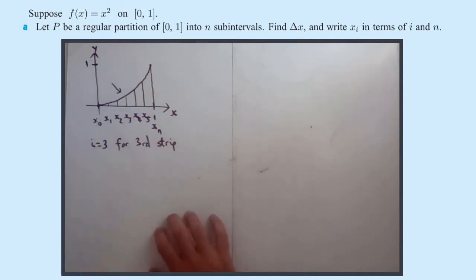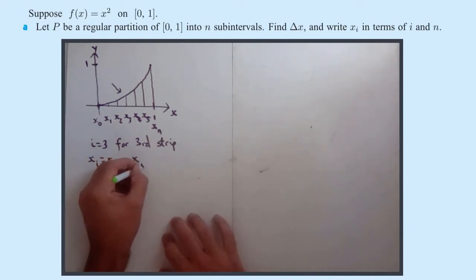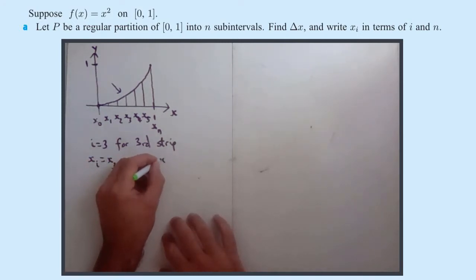When I say strip, really I'm talking about a rectangle. I haven't actually drawn the rectangles yet because we need to think about what the height is. But when i equals 3, you have xi, which in this case is going to be x3, and xi minus 1 would be x2.